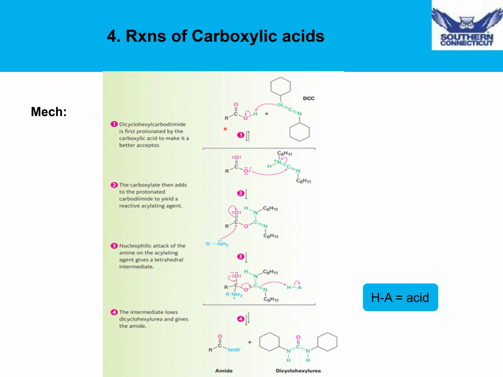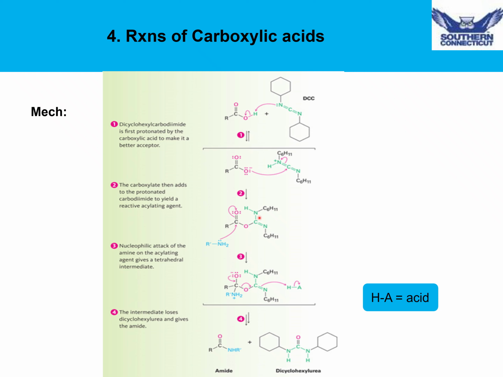Here is a look at the mechanism for the DCC promoted reaction between carboxylic acids and amines. It starts off with the DCC, the nitrogen on the DCC, deprotonating a carboxylic acid, giving you the conjugate base, which is now more nucleophilic and able to attack this carbon of the protonated DCC, breaking the double bond here.